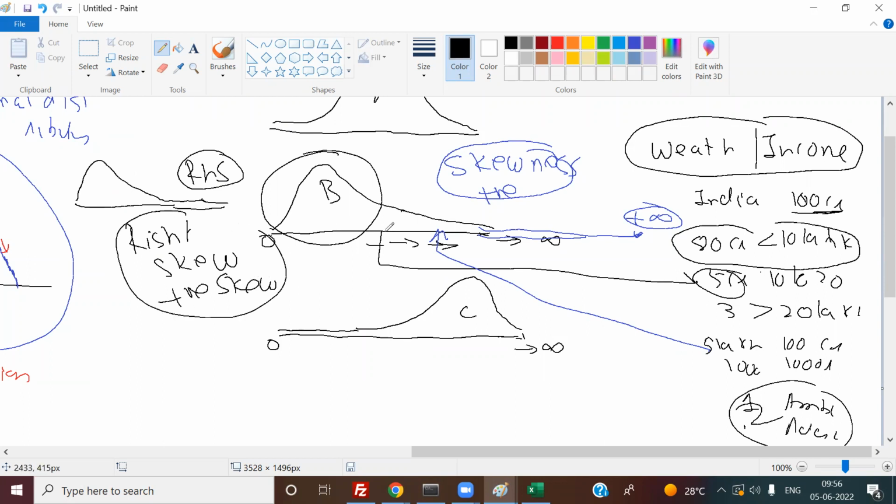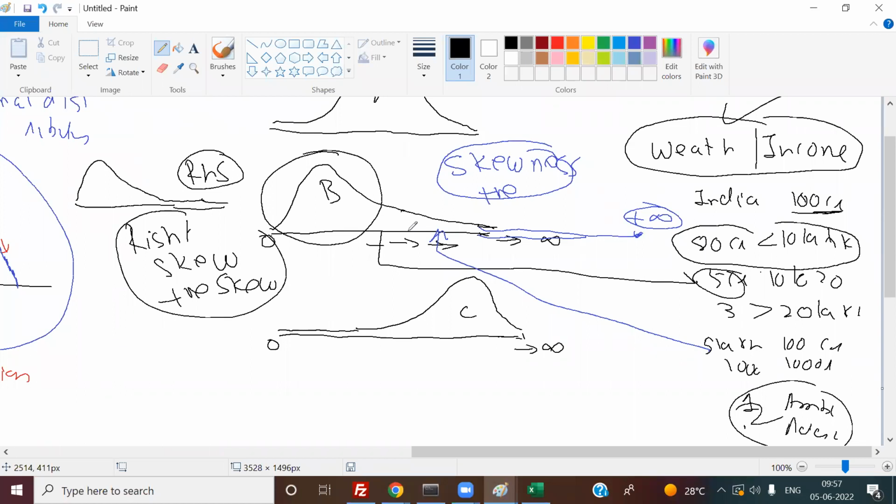Okay, draw this with the example that income is always right skewed. The number of have-nots would be much more than the number of haves. The population of the rich will be smaller, and the poor will be larger. It is known as right skewed or positive skewed.